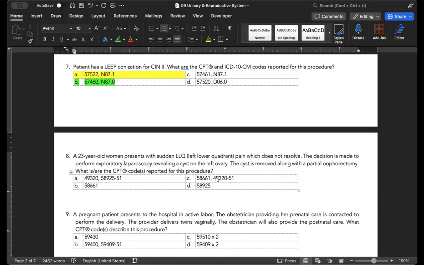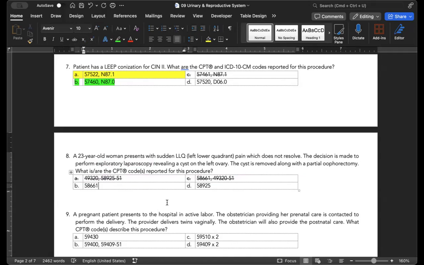49320 is for a laparoscopy, abdomen, peritoneum, or omentum, diagnostic, with or without collection of specimens by brushing or washing. So if we did a procedure, I know we went in originally for an exploratory laparoscopy, but if we then did a procedure, are we going to report that diagnostic laparoscopy first or as well? Correct. So we should only report the surgery or the procedure and not the diagnostic portion.